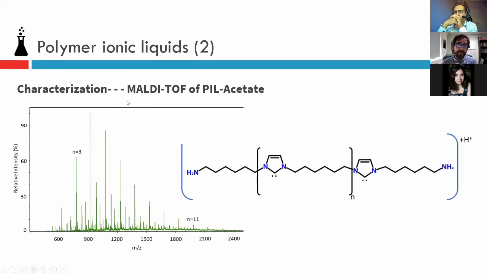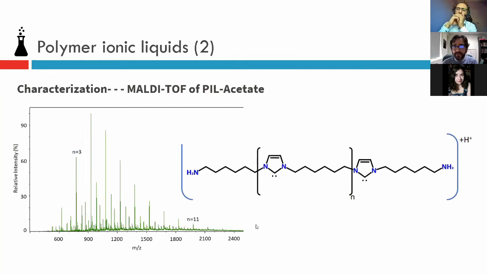We use matrix-assisted laser desorption ionization coupled to high resolution mass spectrometry for analysis of the polymer. You can see here the spectrum that we obtain, and here the structure of the ions that we can measure in the gaseous phase. This is not the substance that we have in the solution. This is the ion that we are creating when the laser is focused on the sample.